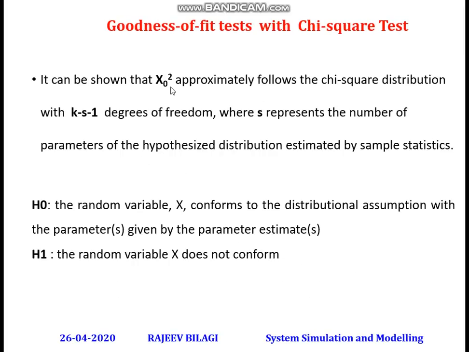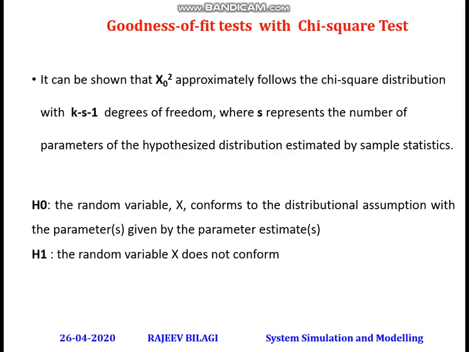Chi-square distribution: lambda naught square approximately follows the chi-square distribution with k minus s minus 1 degrees of freedom. Here k is the number of class intervals, and s is the number of parameters of the hypothesized distribution.